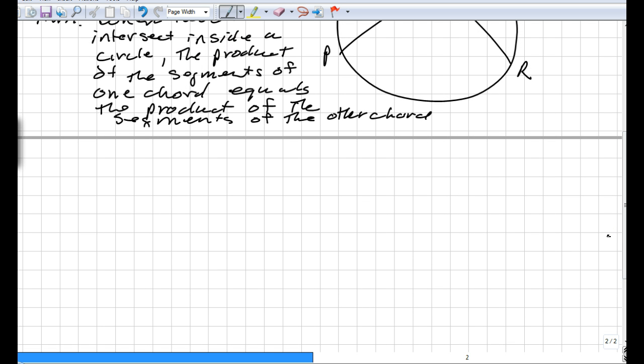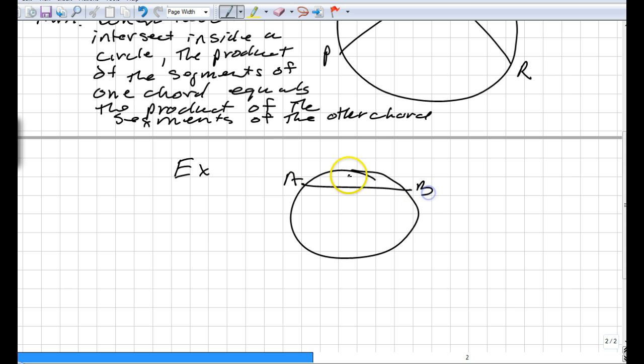Okay, so for instance, here's an example. If I have chord AB and chord DC that intersect at point P, and I know that AP is 4 and PB is 6 and CP is 8. There should be a D up here.